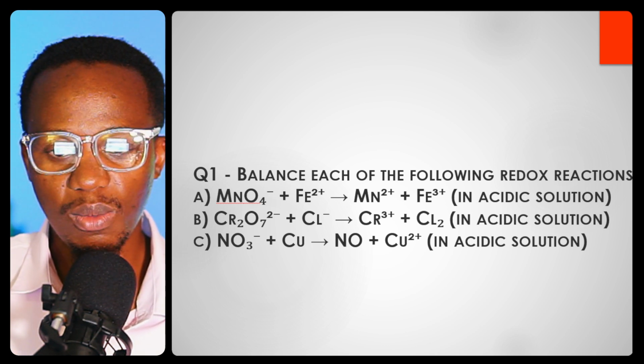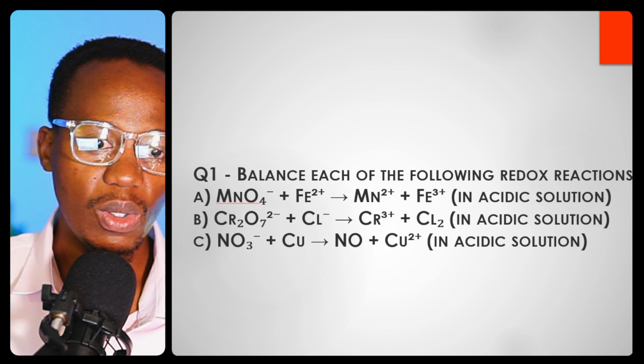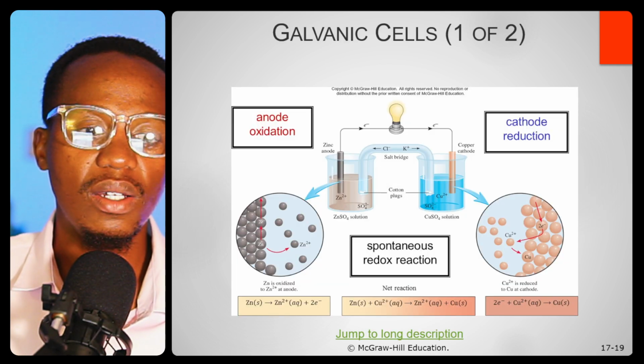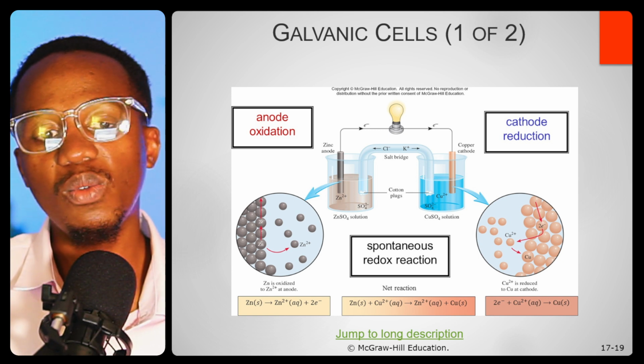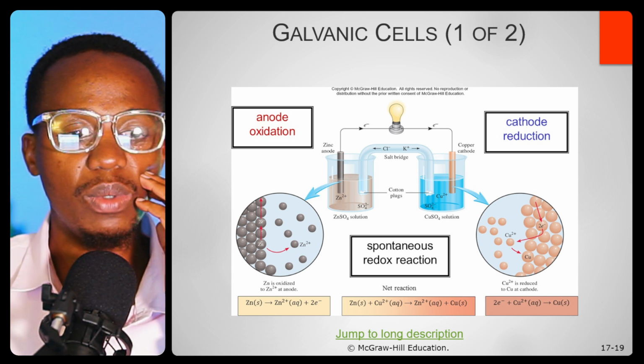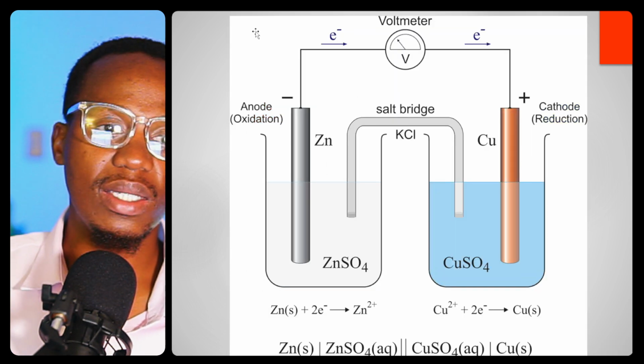But that was balancing. Let's go to the next part, which is what we call a galvanic cell. A galvanic cell is what a battery really is. Let me get a simple version of it.